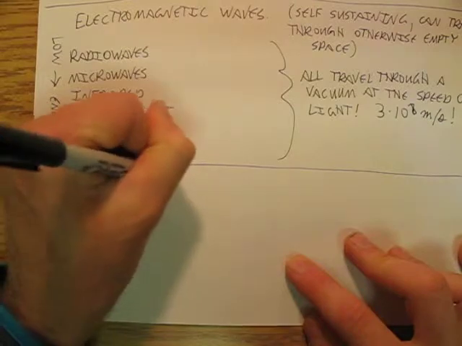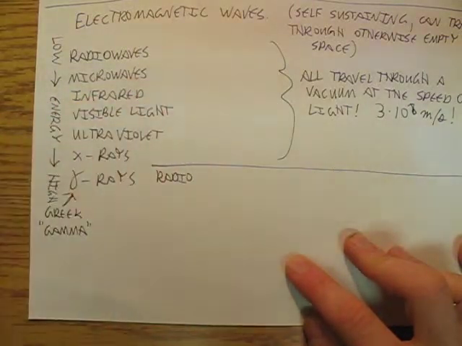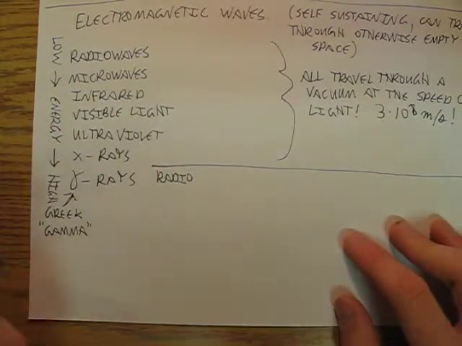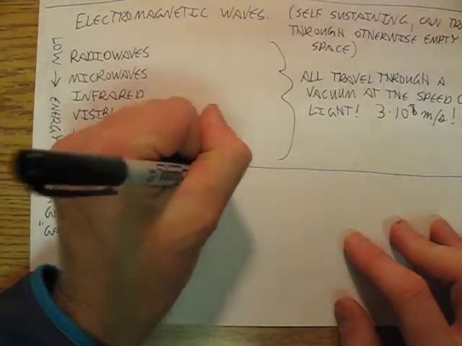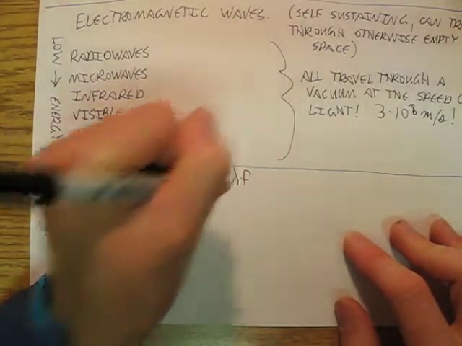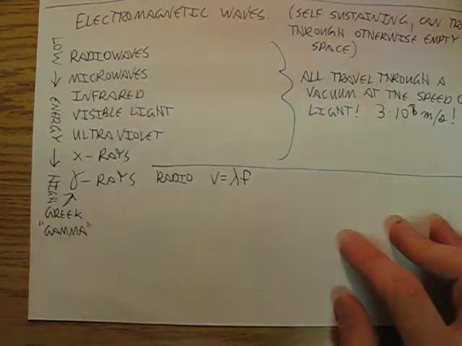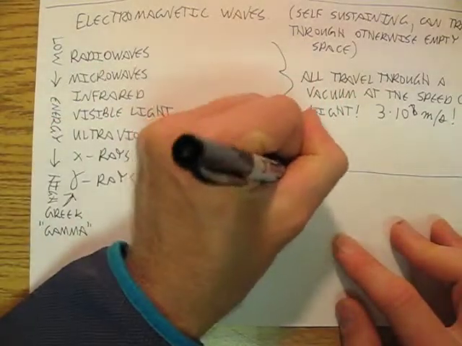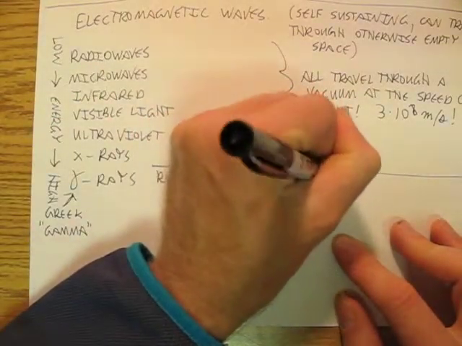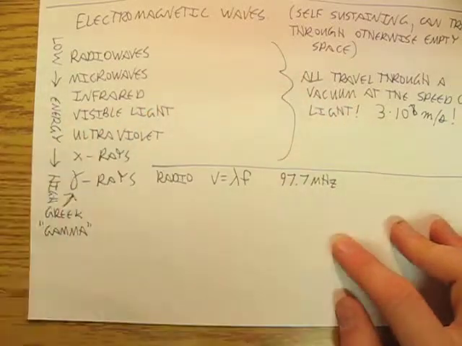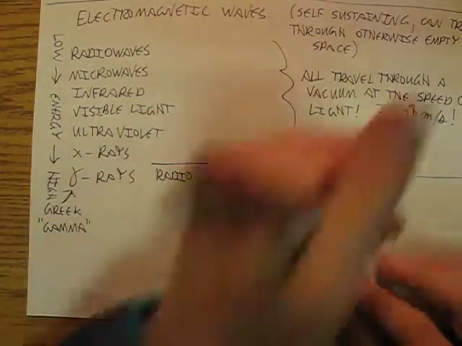If we look at radio waves, we're going to use v equals lambda f. And I know typically that this is a typical FM radio station.